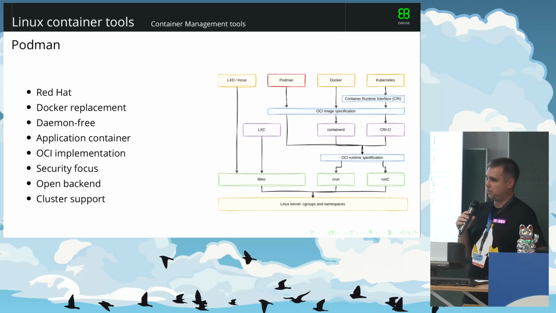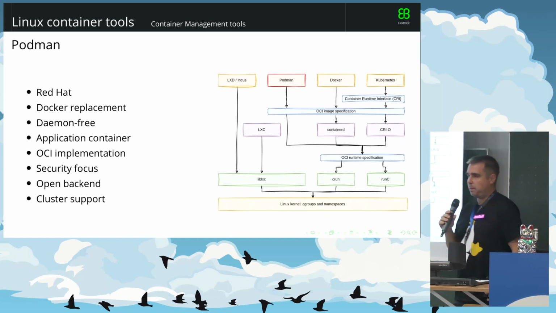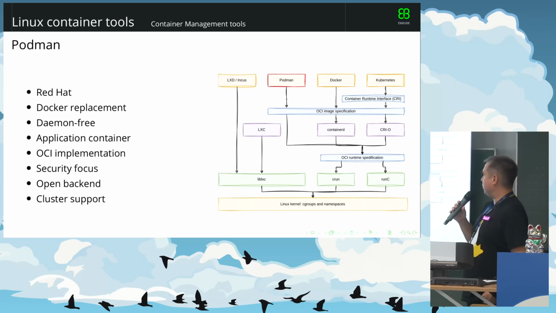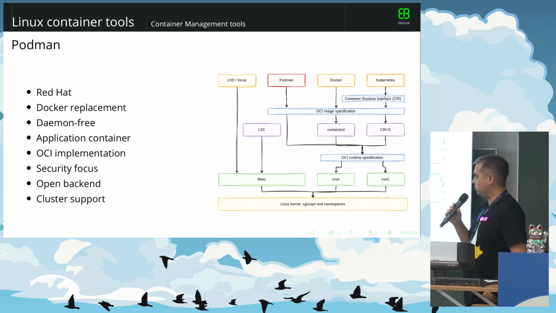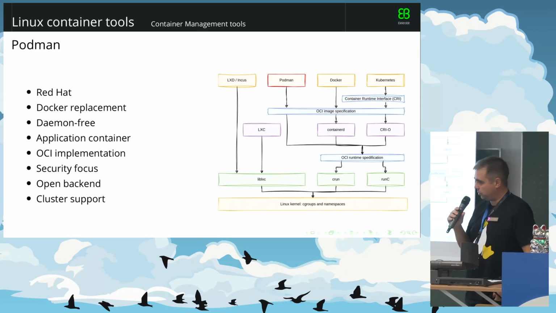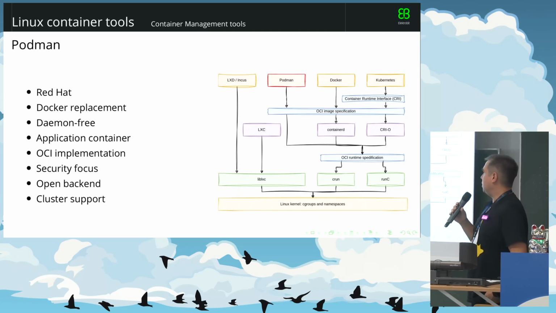Especially Docker had in the beginning some cases where security flaws in the Docker daemon allowed attackers to break out of the containers and take over the whole system. Because of the security considerations, Podman was developed as a daemon-free solution. It's also an OCI implementation, so it's compatible with all these Docker containers and this OCI ecosystem.